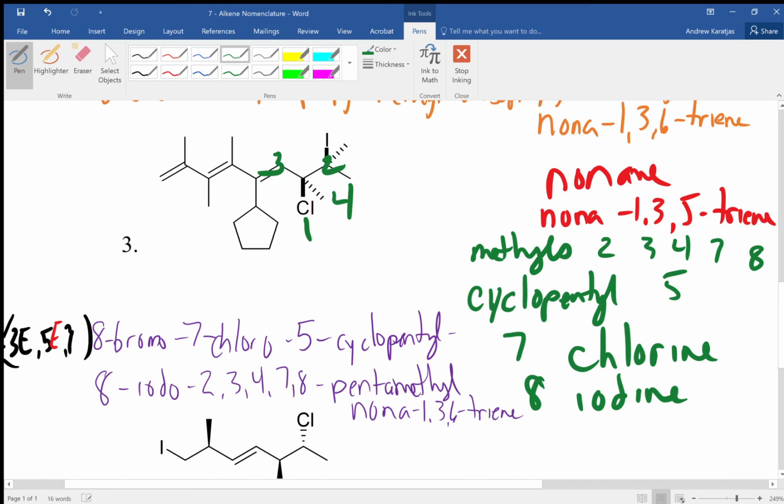So the lowest priority here is a methyl group. For once it's not a hydrogen. That doesn't change anything. Just means that we need that methyl, which is our lowest priority, to be pointed away. It already is. We draw in our arrow, and so we have 7S.